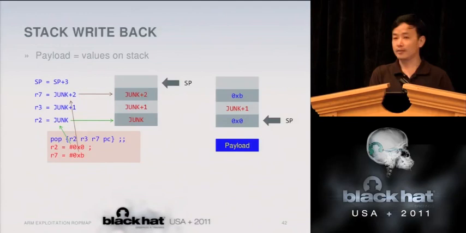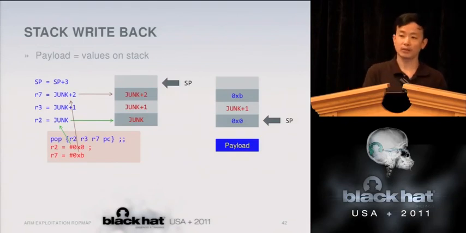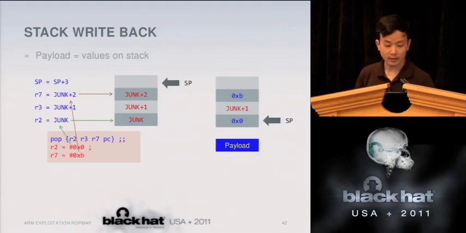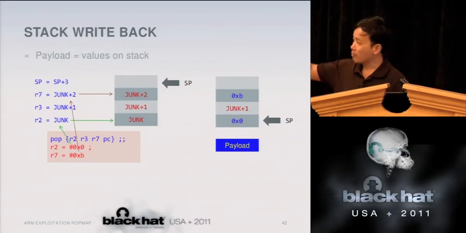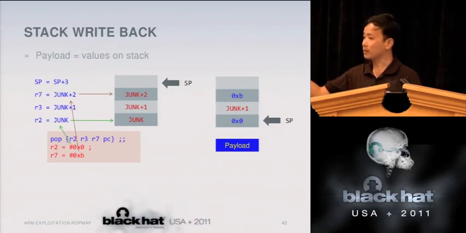When we finish the execution of the instruction, we now write back the values to the stack. So here we have the value binding R2 is 0 and R7 is /bin/sh. So we search back for R2, it is junk, so we map it to our stack and place 0 at the first position.